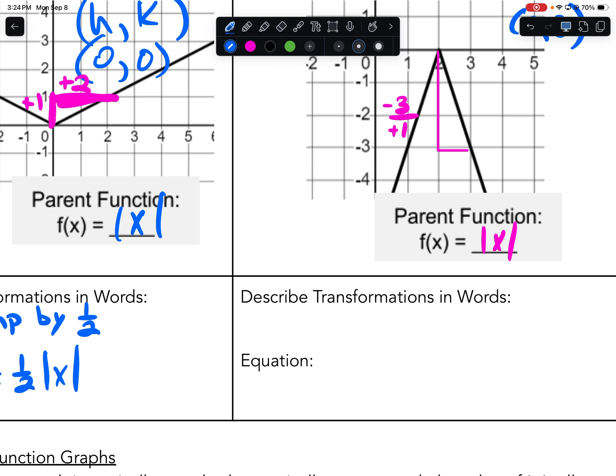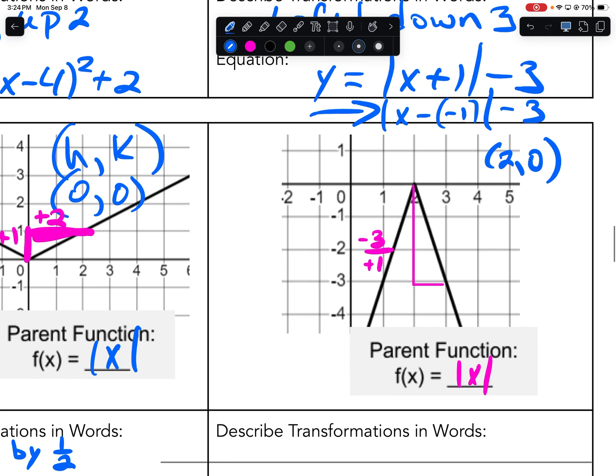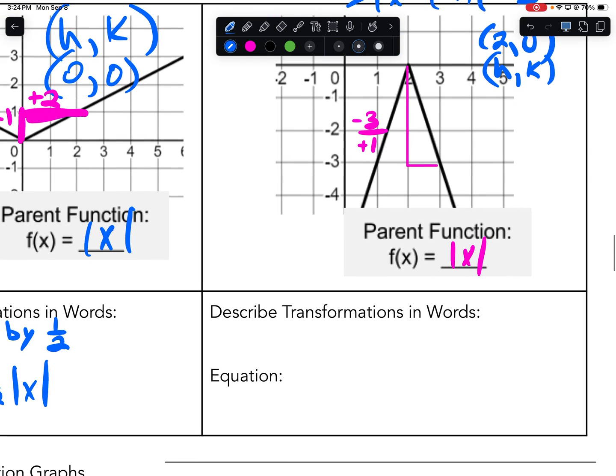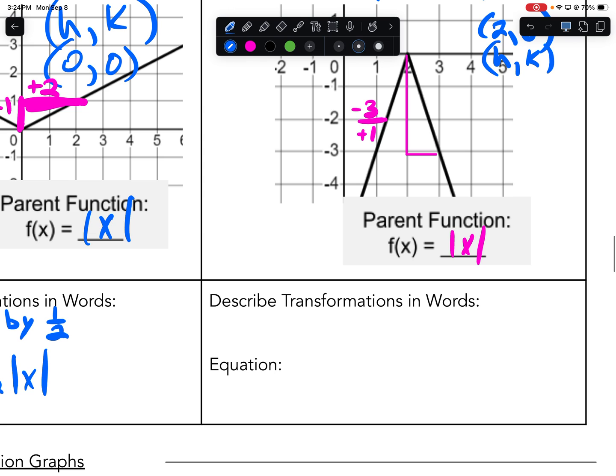So this one also, the vertex is 2, 0. So the 2 is my h, the k is 0. Is that minus or plus 2 in the absolute value bars? Minus. Plus 0, you don't have to write.